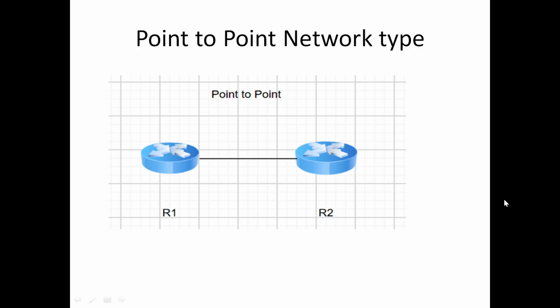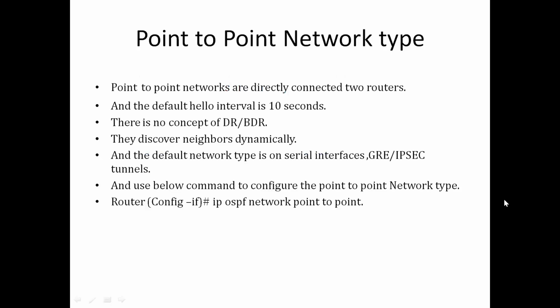The first type is the point-to-point network type. Here it connects two routers directly, and the default hello interval between the routers would be 10 seconds. And since we have only two routers, there is no need of DR or BDR.